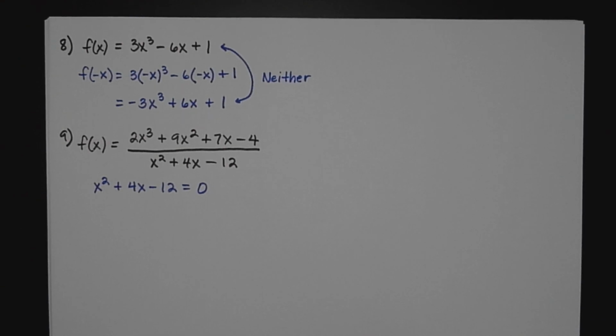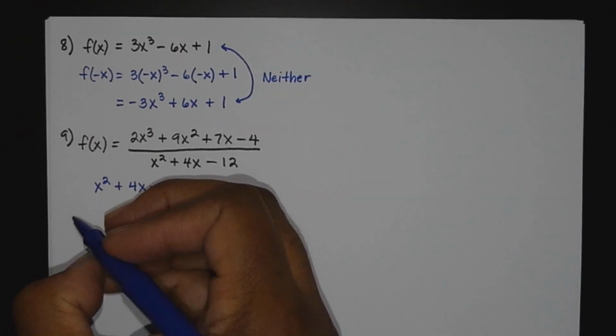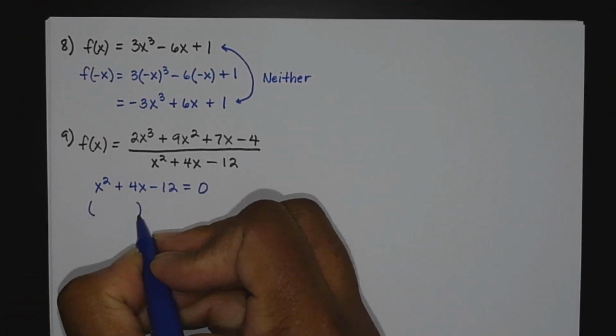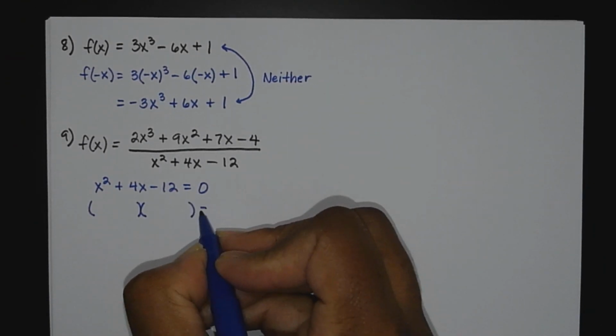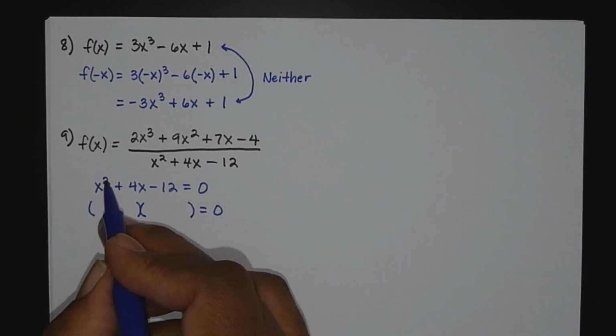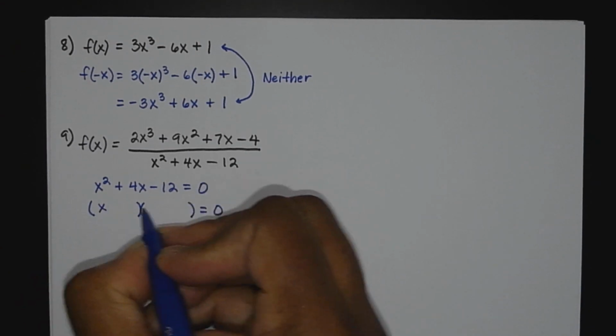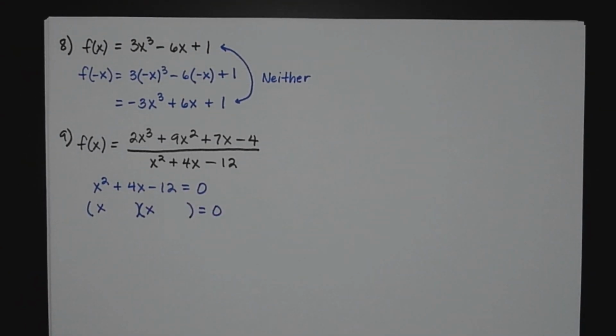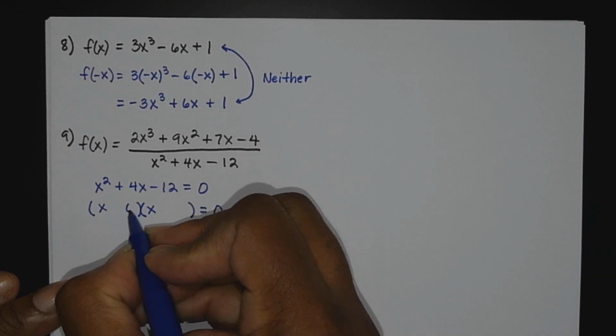Now here we have a quadratic equation. I'm going to try to factor this into two binomials. The x squared breaks up as x and x. Now what factors of negative 12 give me 4x as a middle term? 6 and 2.